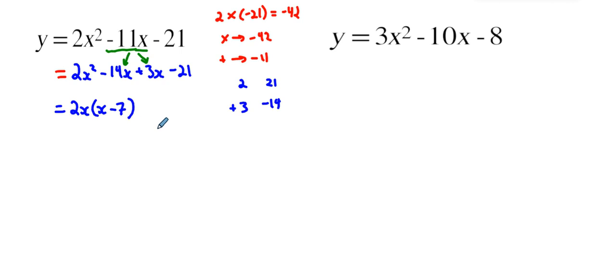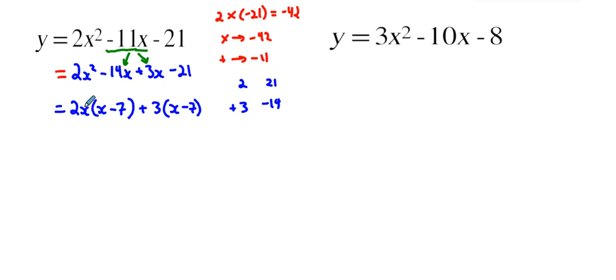Then I look at the next two terms. Out of the next two terms, I can't common factor an x, but I can common factor a 3. So we'll say plus 3, and then bracket x minus 7, close bracket.